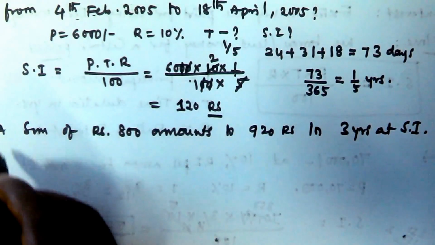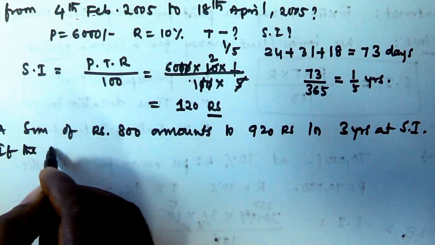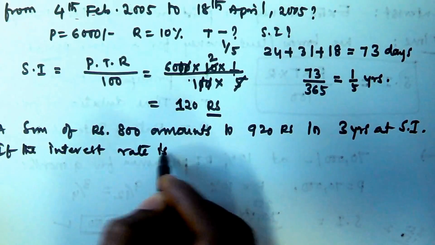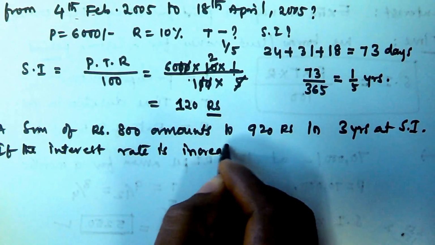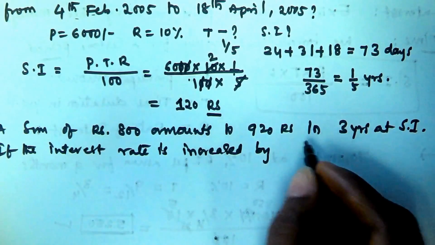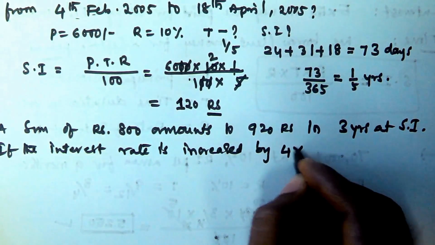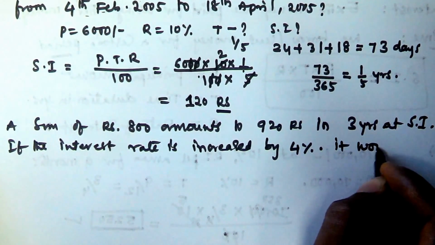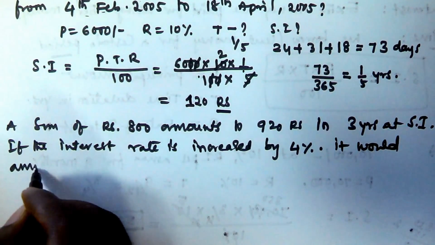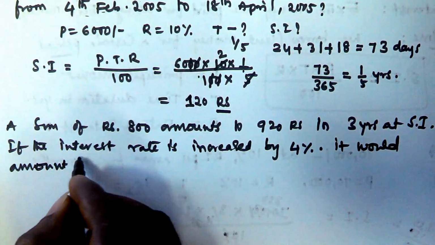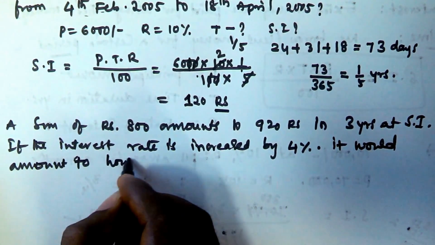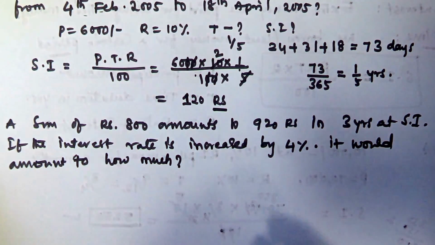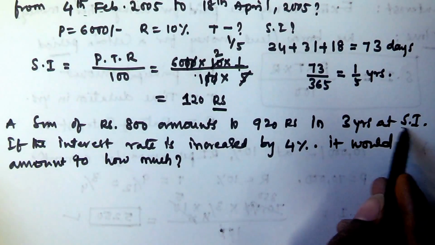If the interest rate is increased by 4%, it would amount to how much? So it is in 3 years at simple interest.